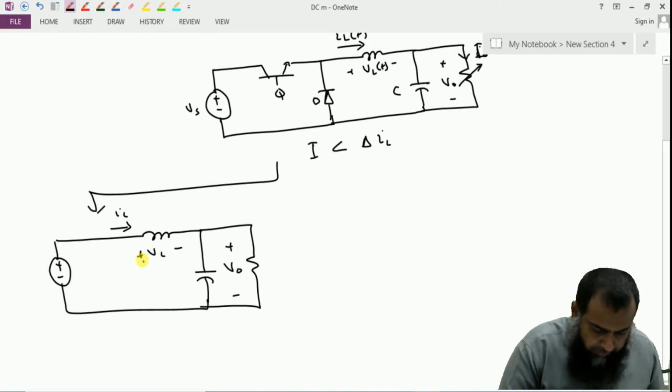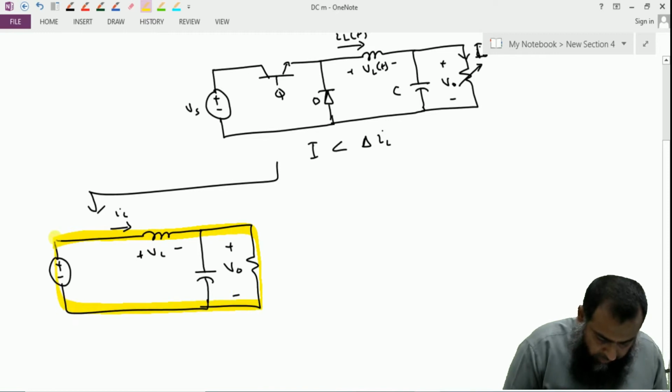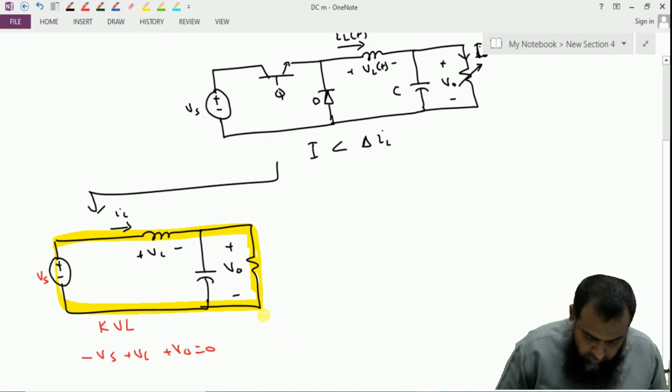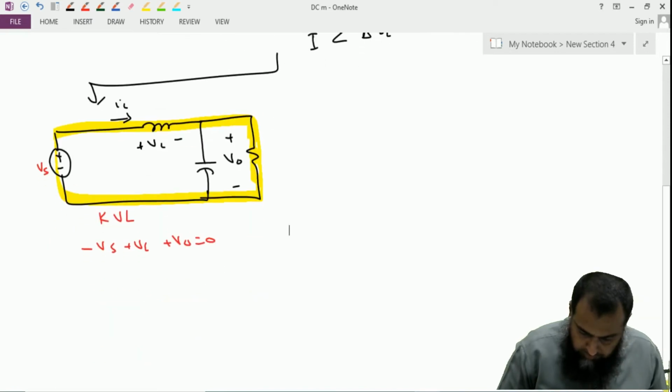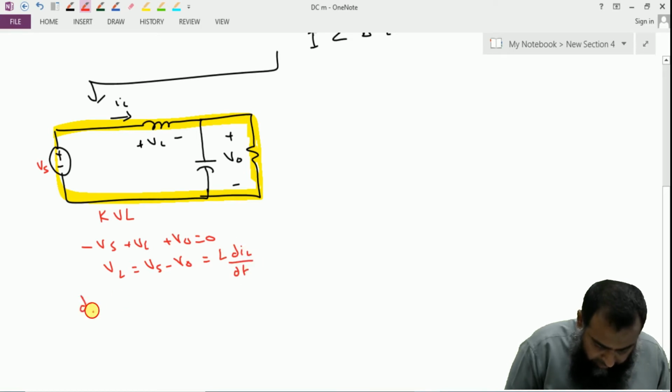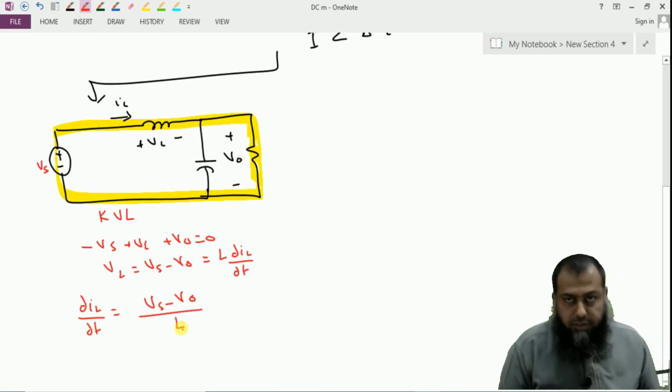During this particular time, if I apply Kirchhoff's voltage law in this closed path, we have minus Vs plus VL plus V naught equal to 0. So VL is equal to Vs minus V naught, and that is equal to L dIL over dt, so dIL over dt during this subinterval is equal to Vs minus V naught over L, which is the same as that of the CCM mode.